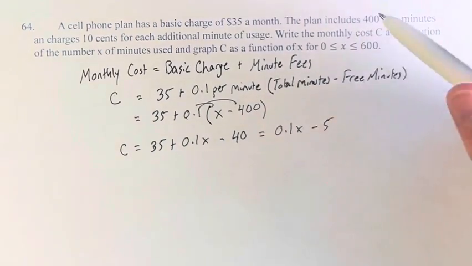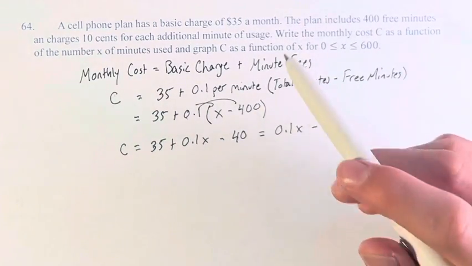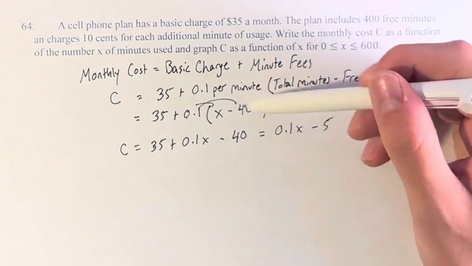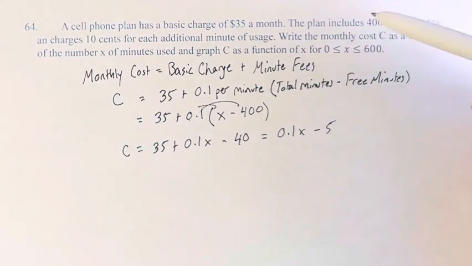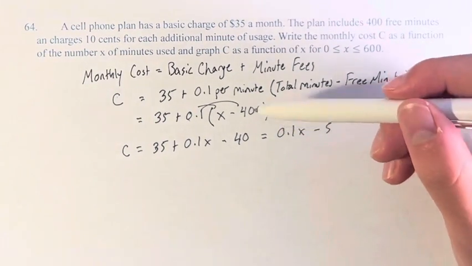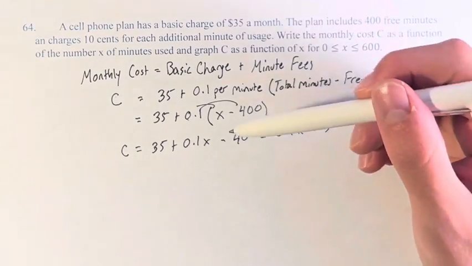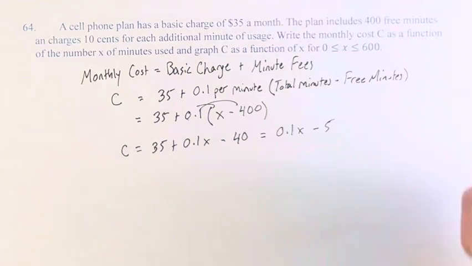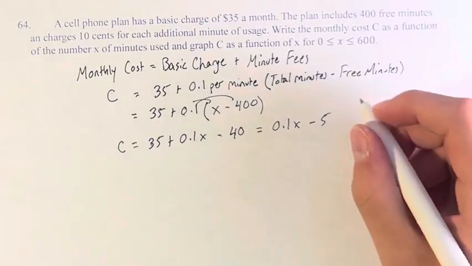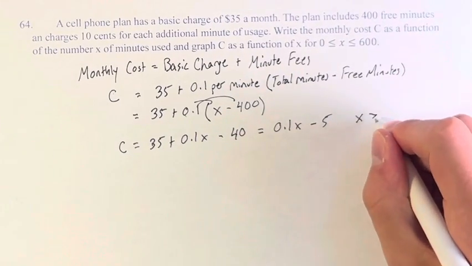So, what is the domain of this function? This is applicable when we have more than 400 minutes, or equal to 400 minutes, in which case we are measuring the difference in minutes times 0.1 plus 35. So x is greater than or equal to 400.